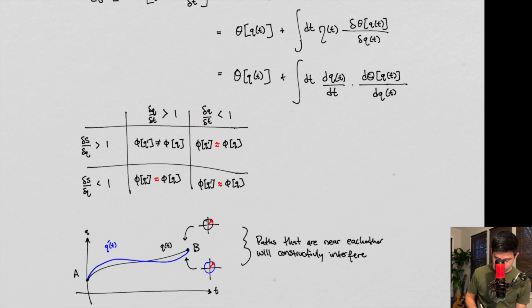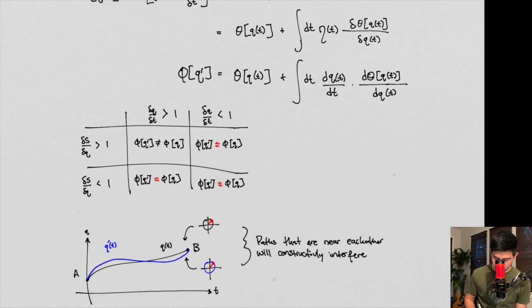Essentially, what we get is that the action right here is approximately equal to the action that didn't change, in which the states did not change. So we land here.